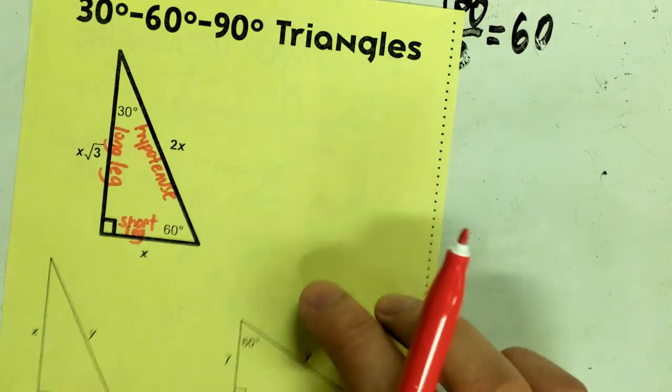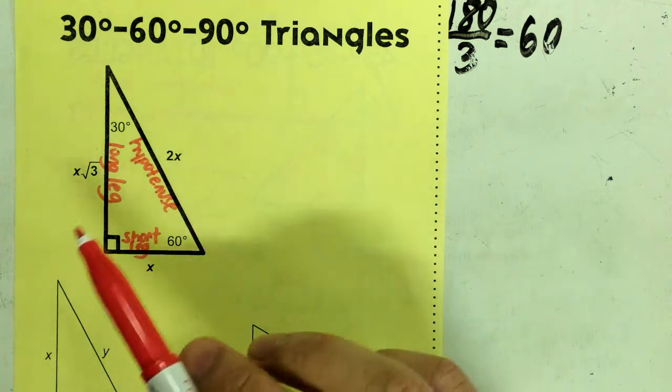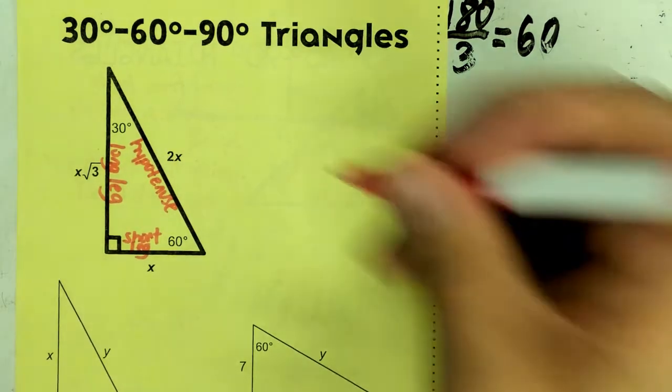So for the most part, we can look at the pattern on the picture, x, 2x, x root 3, to figure out our sides. Let me write the rules.